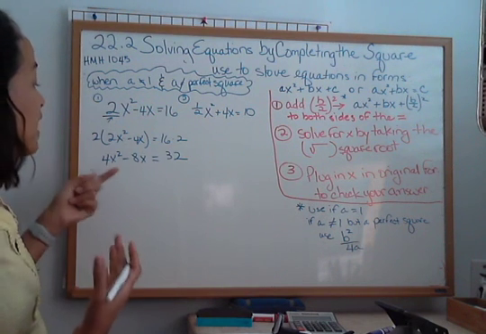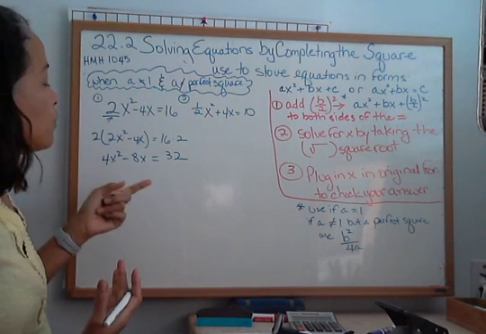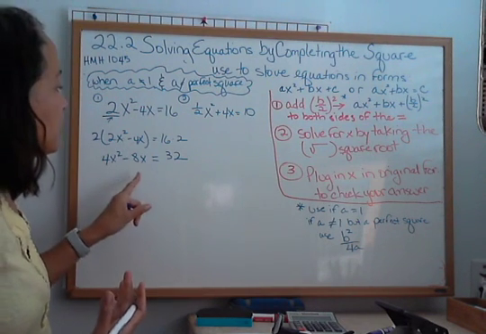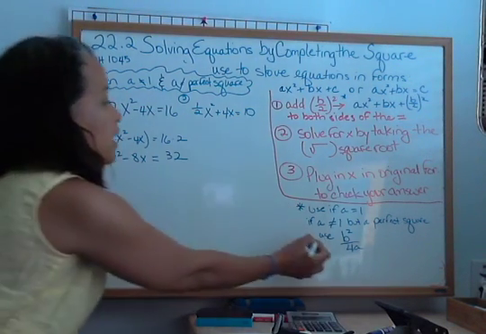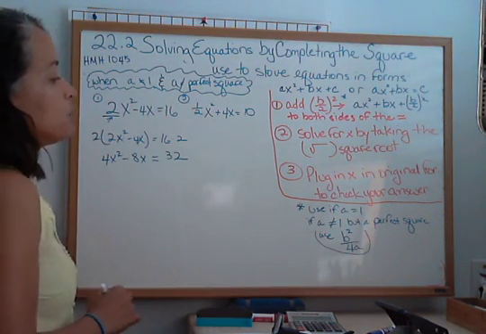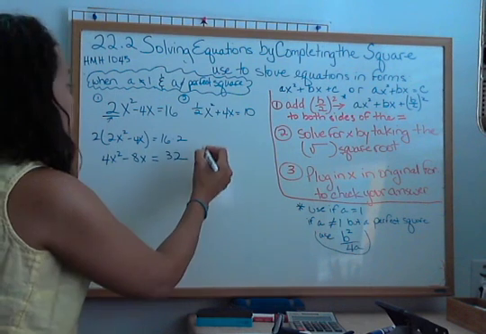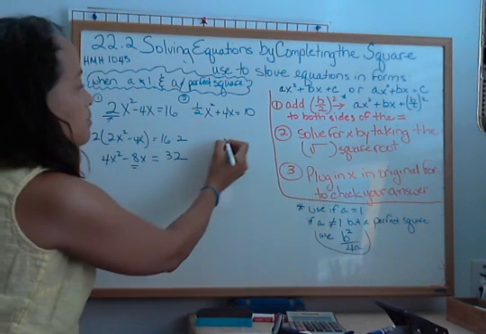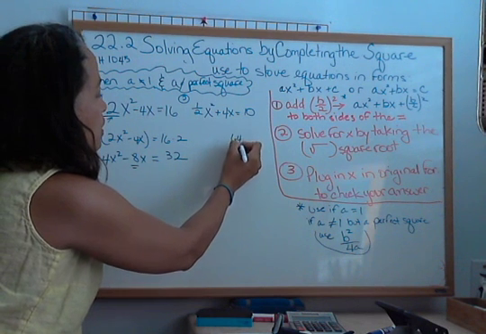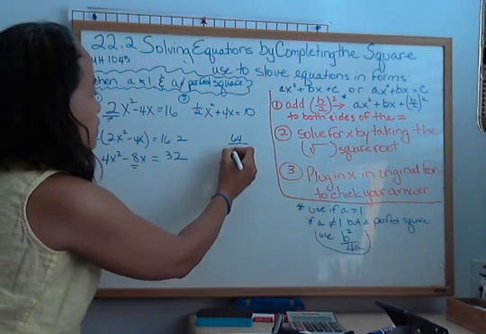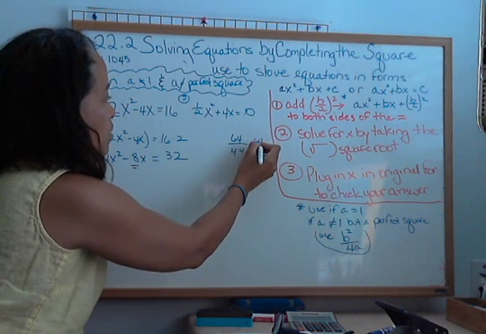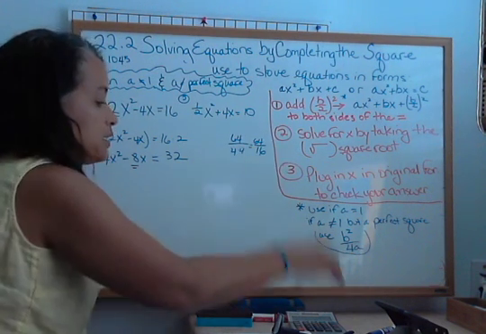Now I have a perfect square. So what am I going to do for a to make the entire equation a perfect square trinomial? I am going to add to both sides of the equal sign b squared over 4a. So b is 8. B squared then is 8 squared, which is 64, over 4a, which is 4 times 4. So I have 64 over 16.